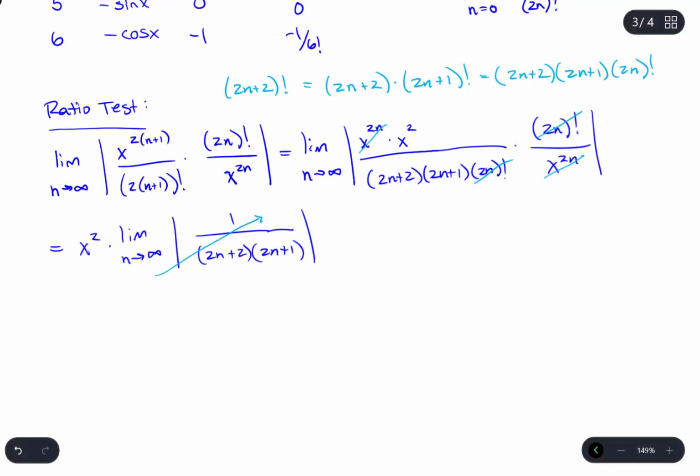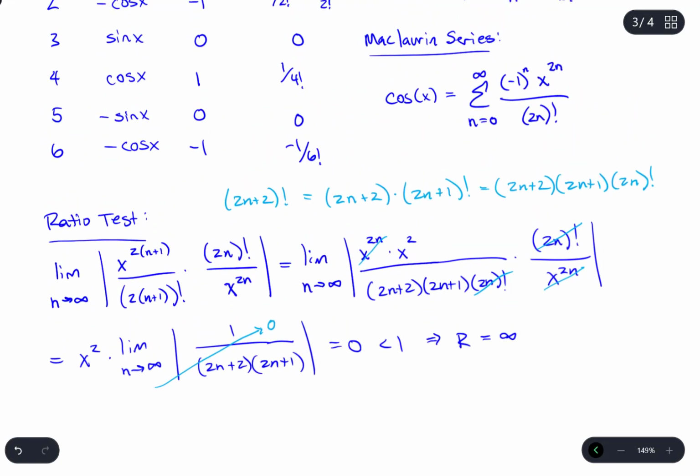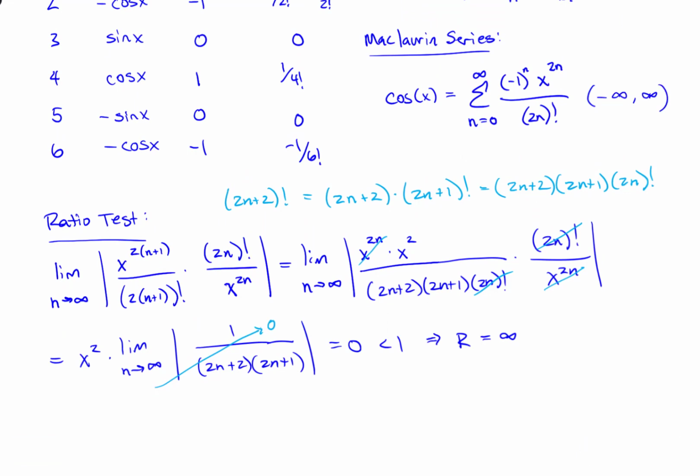So as we go to infinity, this limit's going to go to 0. 0 times x squared is 0. And then when we compare that to 1, that's always a true statement. 0 is always less than 1, so that means my radius of convergence is infinity. And if my radius of convergence is infinity, then that tells me that this converges for all values.